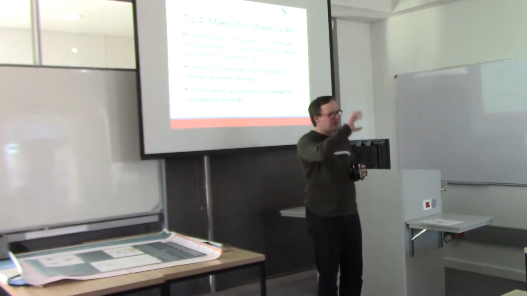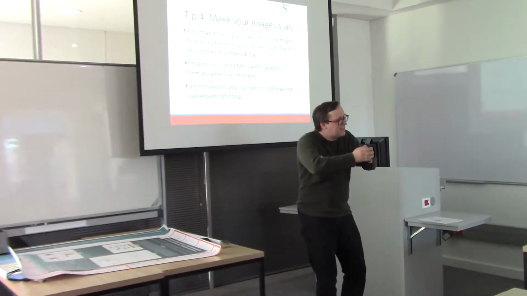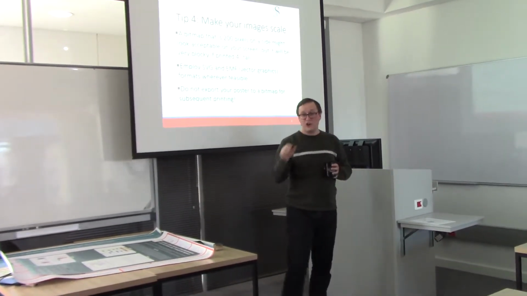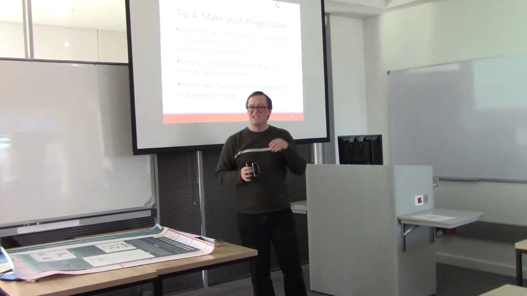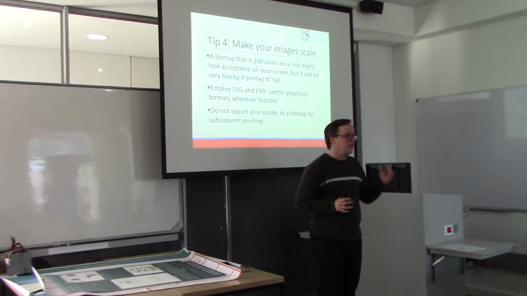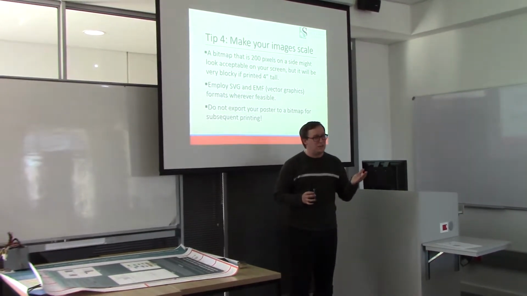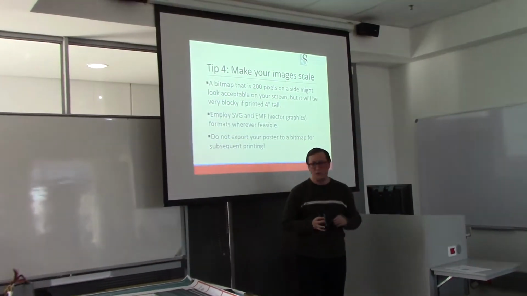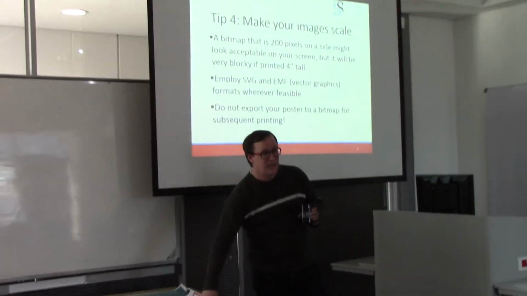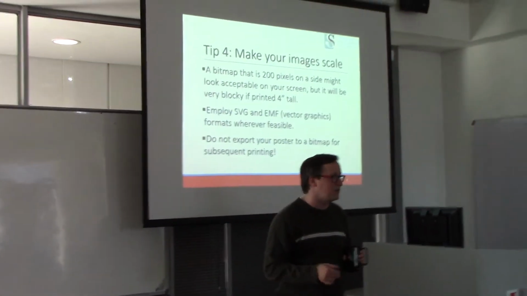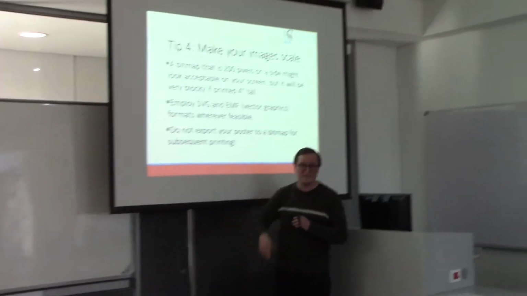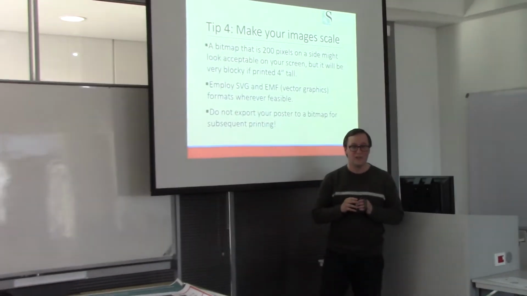What I'm looking at are a whole bunch of artifacts in the picture by scaling something that's too small to print size. When we look at something on screen, it's typically 72 dots per inch or 96 dots per inch. And that means that a 200 dot tall image can look okay on your screen. But when we print, we're frequently printing at better than 1,000 dots per inch. And so all of the little imperfections in the image show up rather better. So using a very low resolution picture is a very bad option for us.